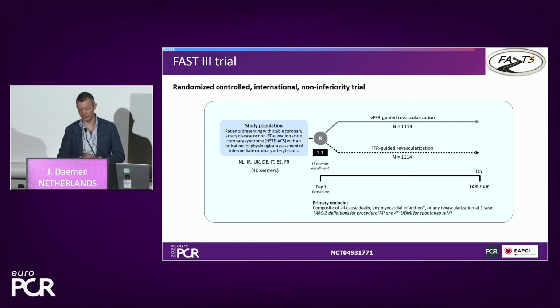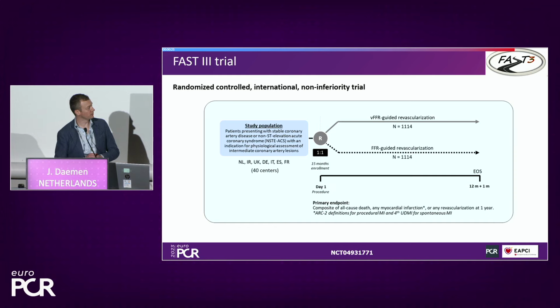So this is an international multi-center randomized controlled non-inferiority trial we're running in Europe across six countries, 40 sites, in which we randomized 2,228 patients to either a VFFR-guided treatment strategy for intermediate coronary artery lesions versus a gold standard FFR-guided revascularization, with a non-inferiority primary endpoint being a composite of all-cause death, any MI or any revascularization at 1 year post-randomization. So the trial is now well on the way.